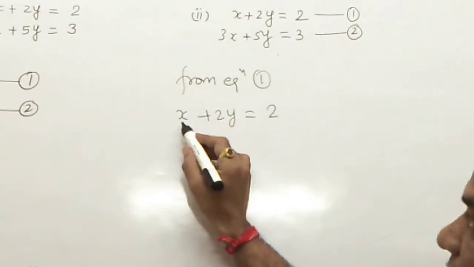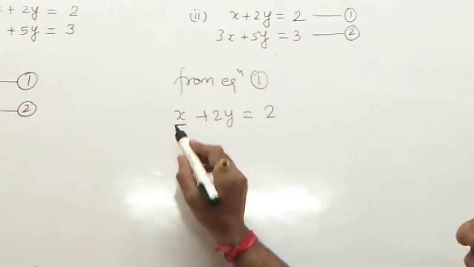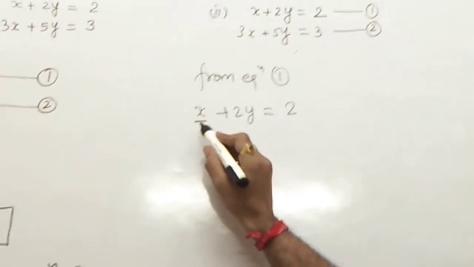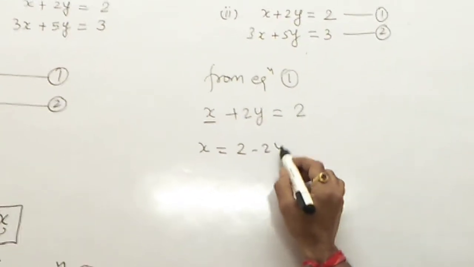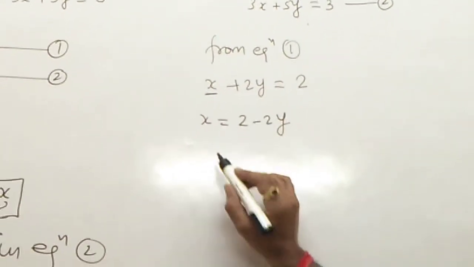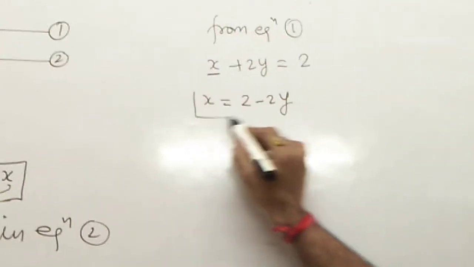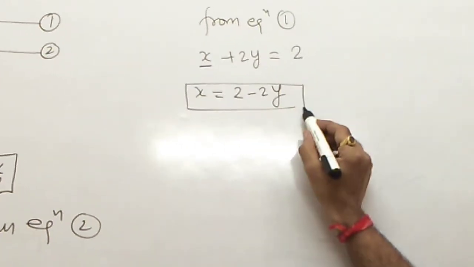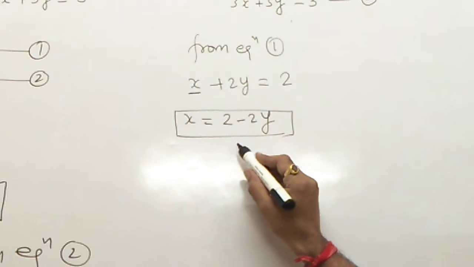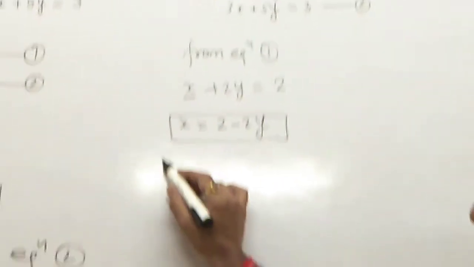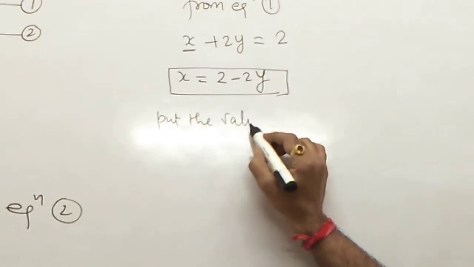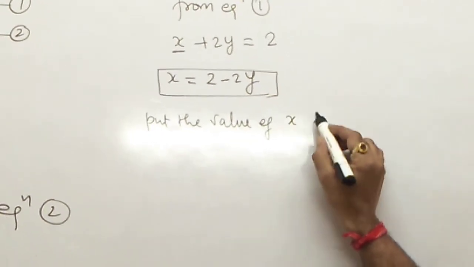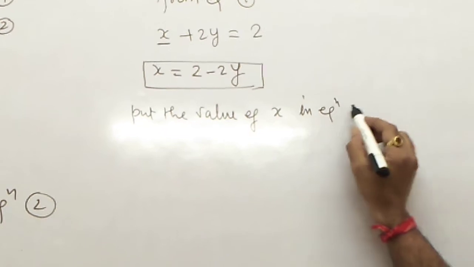So for easy going, you take the variable whose coefficient is 1, and you find the value of x here, that is 2 minus 2y. Okay, you underline this part, and then this value of x you put in equation 2.